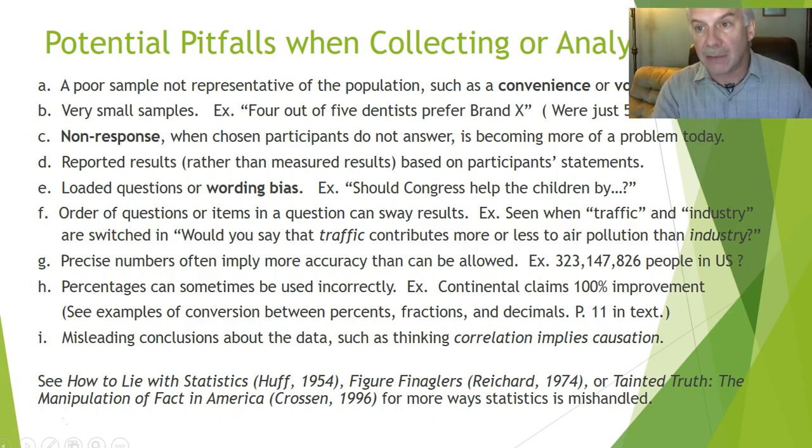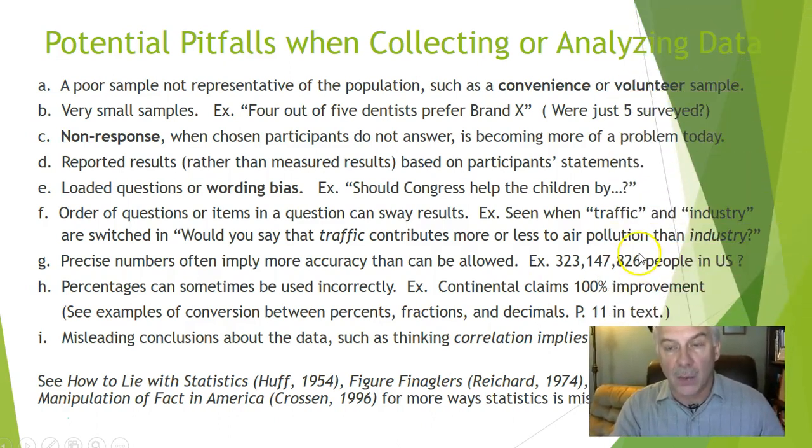Now, there are several pitfalls mentioned in the text when collecting or analyzing data. First, you need to have a good sample, so it has to be representative of the population, but poor ones are ones that were taken by convenience. You just went to one location and collected your sample of people by interviewing them on the street.